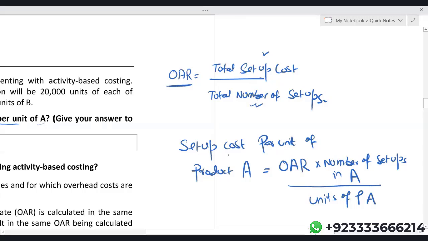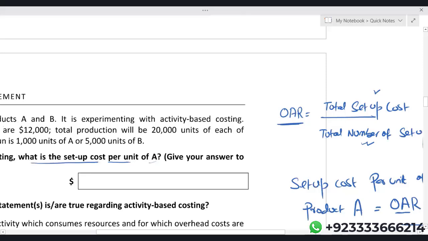Then the setup cost per unit of product A is the rate per setup multiplied by the number of setups required for product A. The numerator gives the total setup cost relating to product A, divided by units of product A. You will get the answer. So let's first calculate the overhead absorption rate per setup.